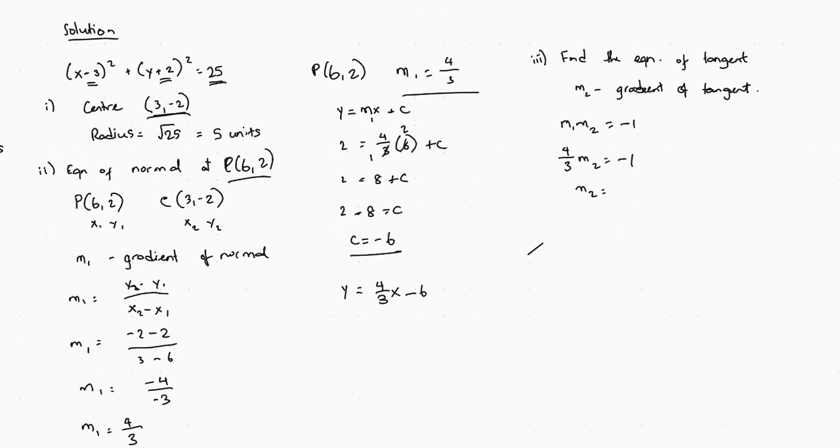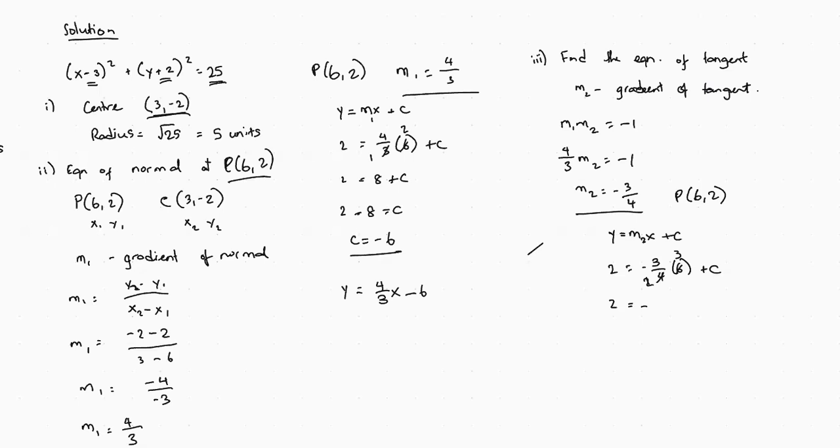So we have that, and now we have P, the point of tangency, which is (6, 2), and we do the same thing we did before, with one difference. We have y is equal to m2 x plus c. y is 2, m2 is minus 3/4, multiplied by 6, which is x, plus c. So we have 2 equals minus 18 over 4, which is minus 9/2, plus c.